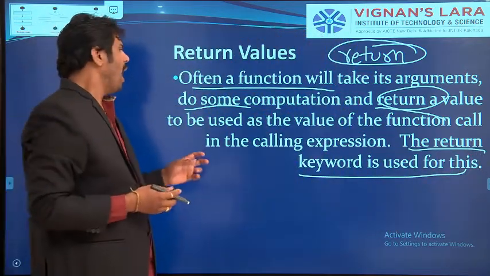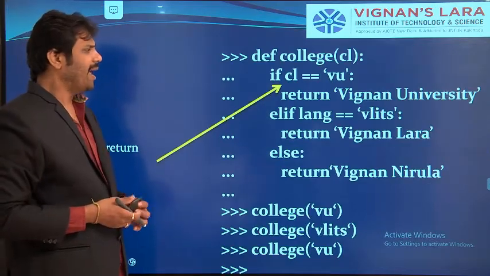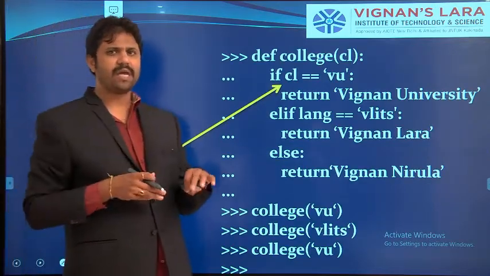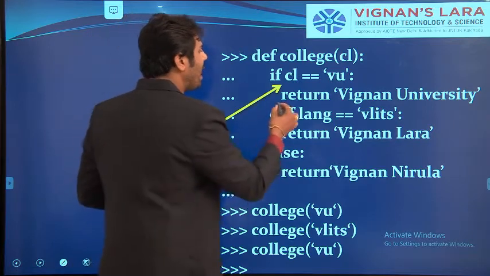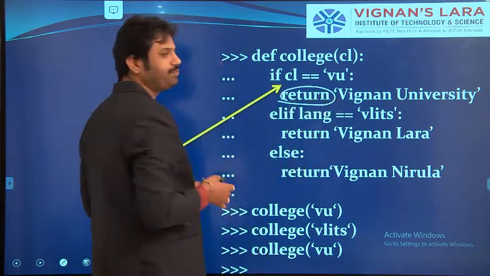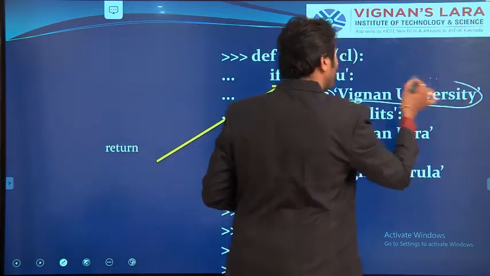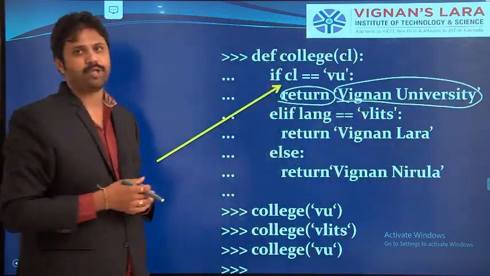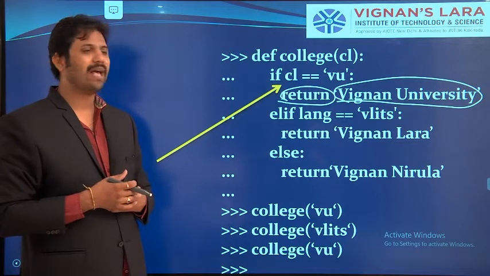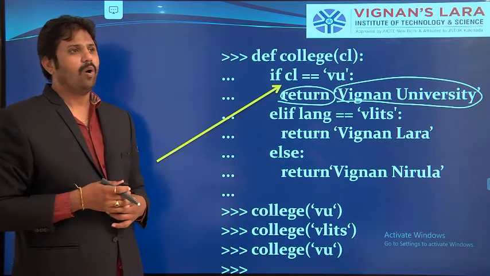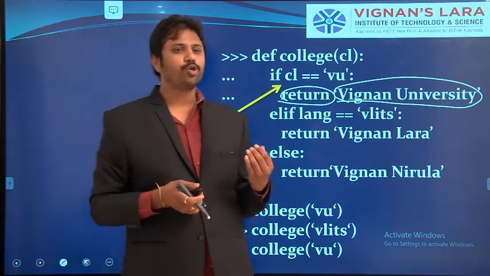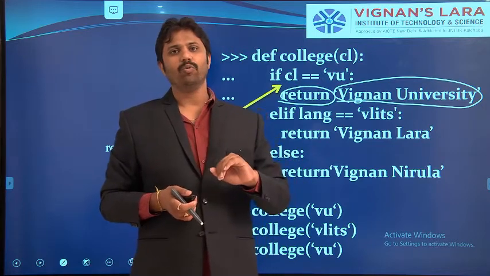Keep this point. Okay, so let us see. Here I am going to take the same example. Here I use return. What does it return? It returns this value as your output. So that means the function is going to return some value.